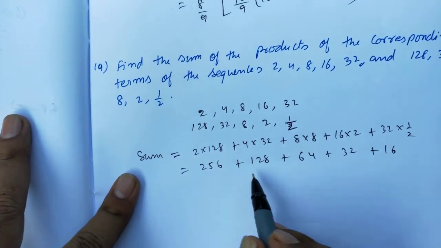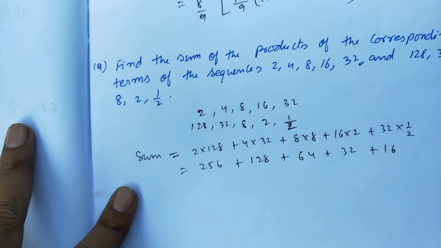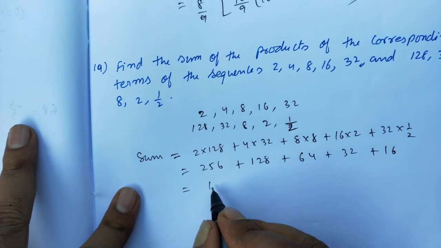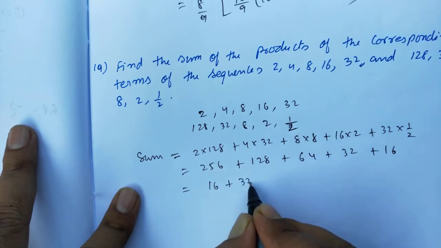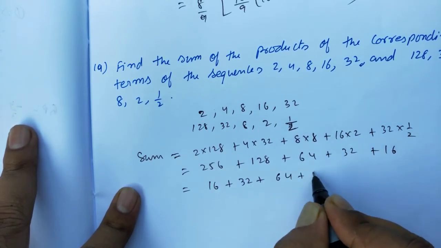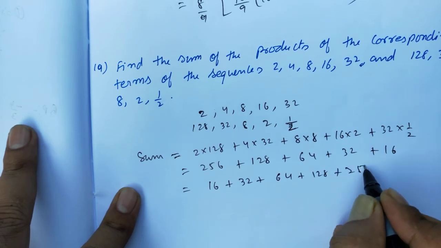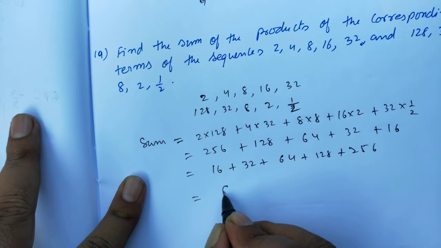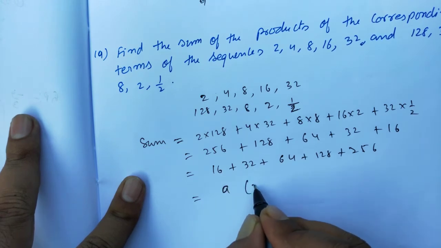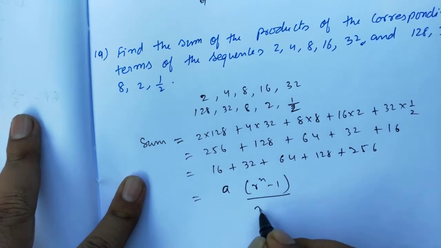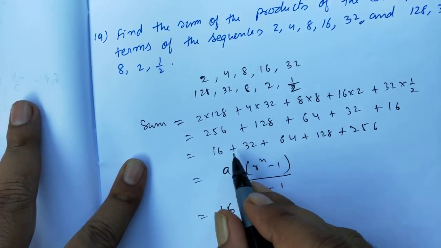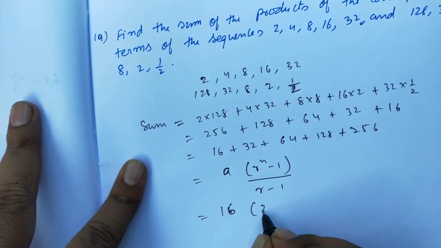So if you see, this is in GP, or we can write this first: 16 plus 32 plus 64 plus 128 plus 256. So sum of the GP formula is A(R^n minus 1) by R minus 1. A is 16. R will be 2, since it is multiplying by 2 each time.